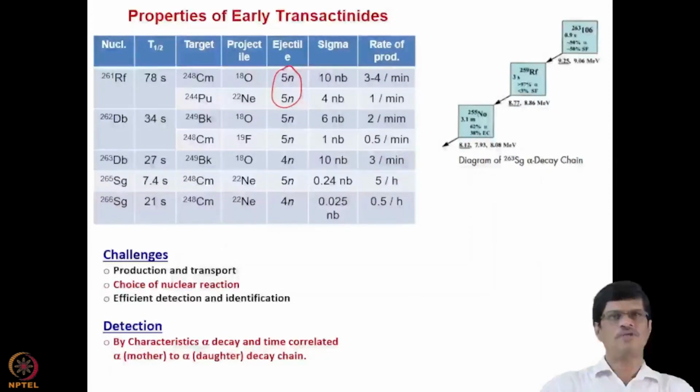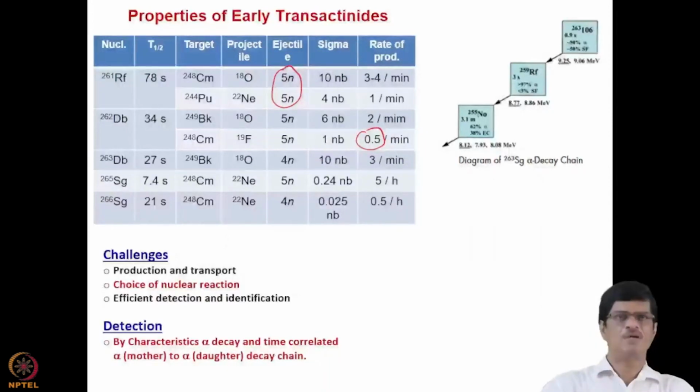With a 248curium target with a fluorine-19 beam, 5 neutrons are emitted, and with 1 nanobarn, which is a 6 times lower cross section, the production is also less. You have only 0.5 atoms per minute.